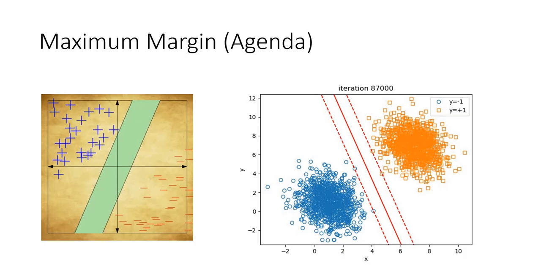So let's take a practical company-based example. Imagine a company like Amazon wants to automatically classify customer reviews into two categories: positive reviews and negative reviews. Suppose we convert each review into numerical features. For example, the x-axis is the positive word score and the y-axis is the negative word score.